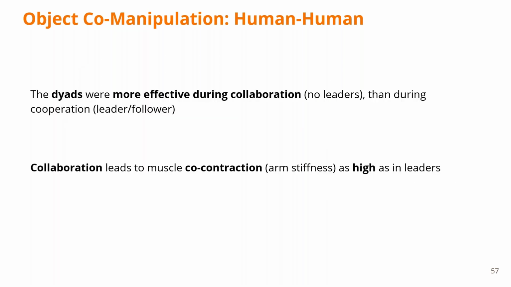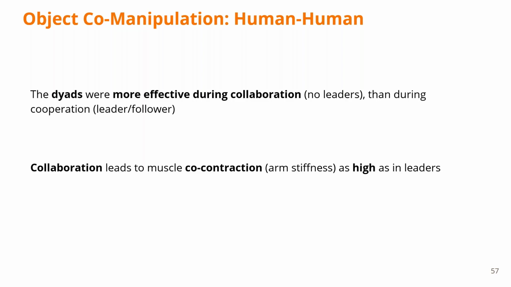In this human behavior study, we were able to verify that the dyads were actually more effective during the conditions where both agents increased their arm stiffness, their arm muscle co-contraction, to levels that were similar to when they were leading the task on their own.